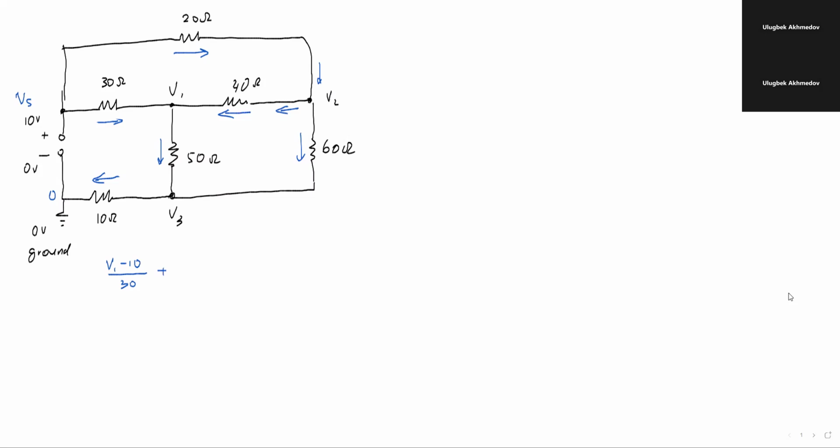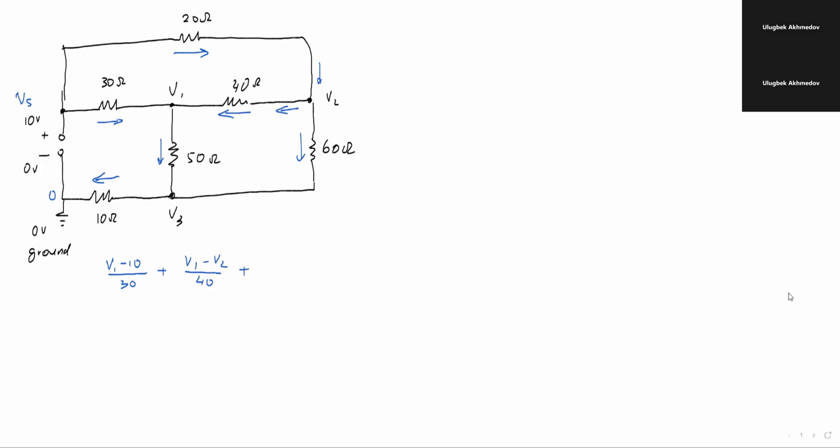Plus the current coming from the 40 ohm resistor, which is going to have potential difference V1 minus V2. So that's going to give us the current through the 40 ohm resistor.